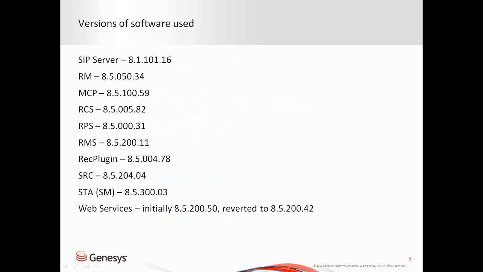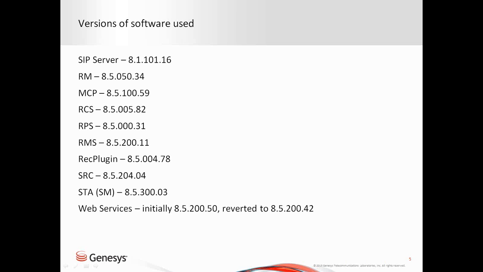So the versions of the software we're going to be using to do the installation are as follows. We have SIP Server 8.1.101.16. The SIP Server in older versions won't work due to lack of some specific MSML options. Specifically, MSML record metadata support was not available in previous versions of SIP Server.